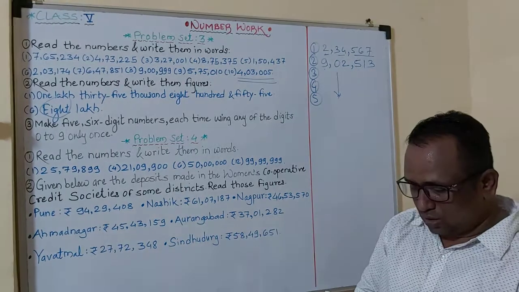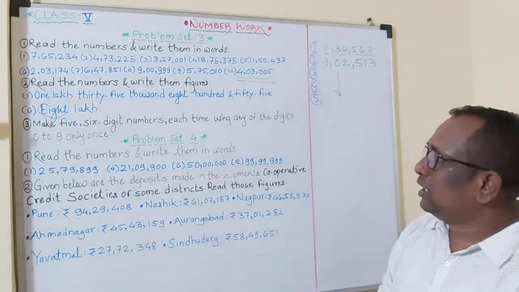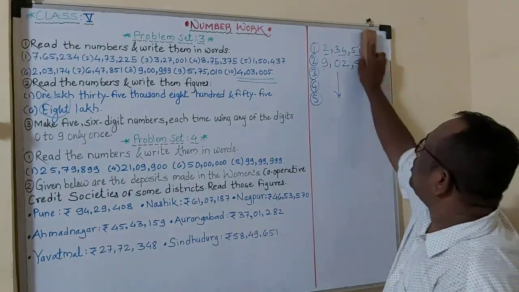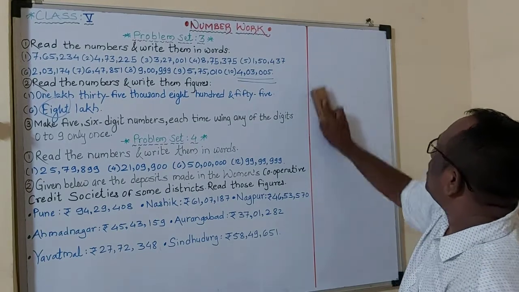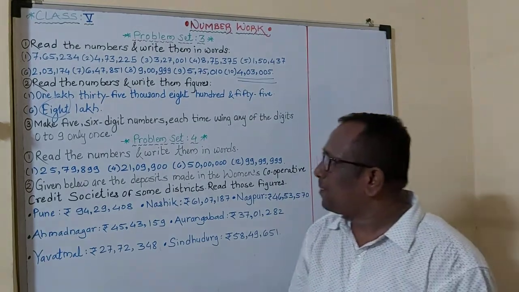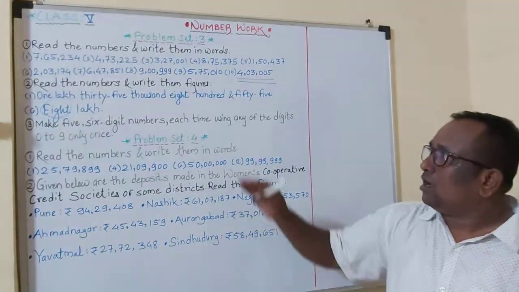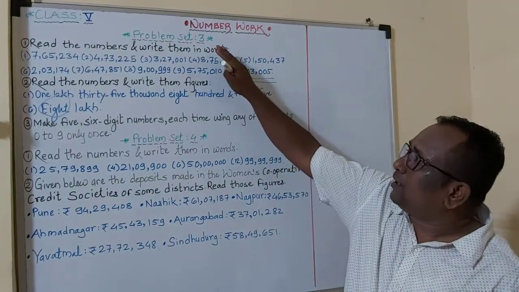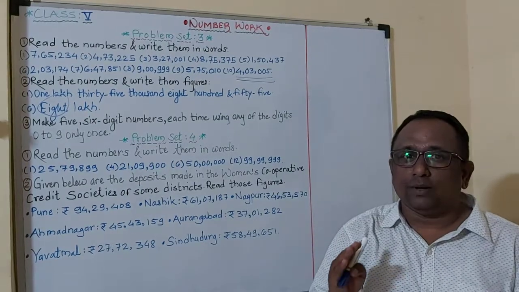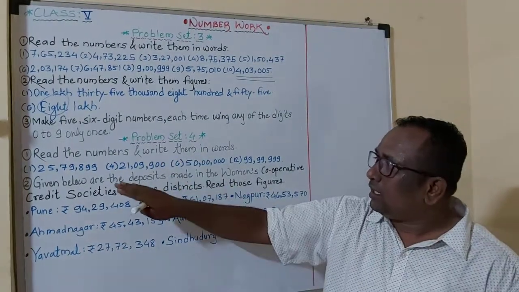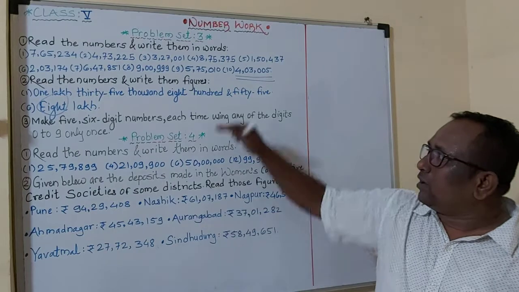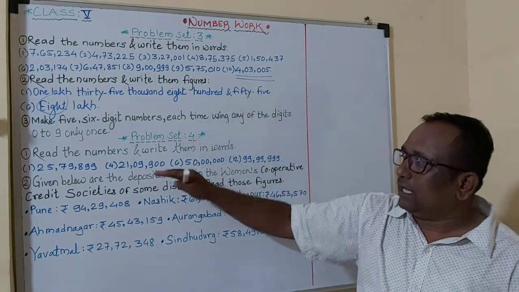Now students, we will move to the next problem set, that is problem set number 4. Now here, as I told you in the beginning for problem set number 3, the lakh place, here 10 lakh. We are dealing with the lakh place, here 10 lakh.